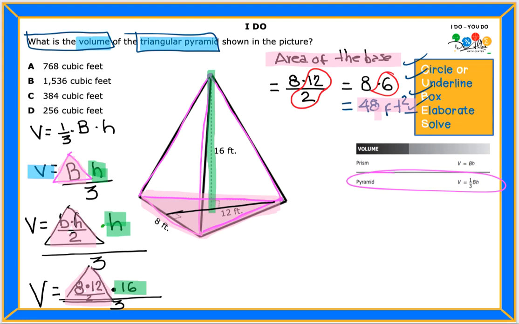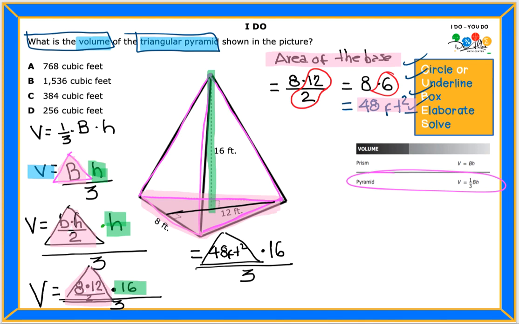Okay, great. Now I'm going to multiply. I'm going to write it down first. So this is 8 times 12 divided by 2. We said it's going to be 48 square feet, and I got this from the triangle. That needs to be multiplied by the height, and at the end divided by the 3.